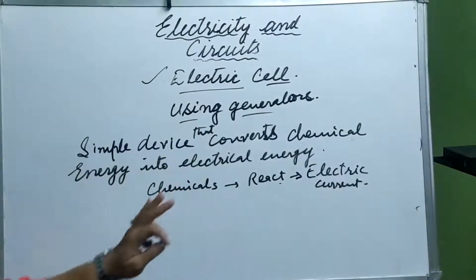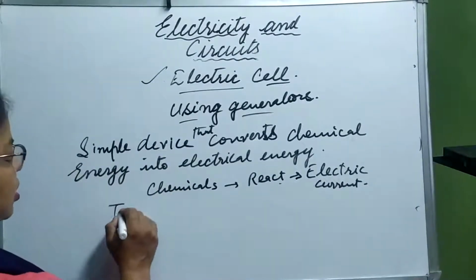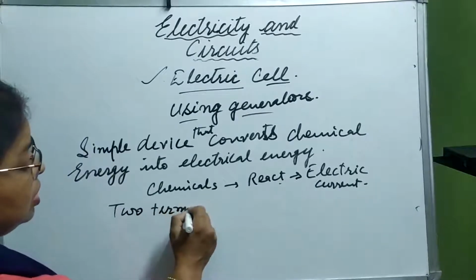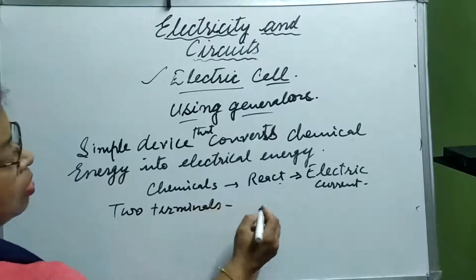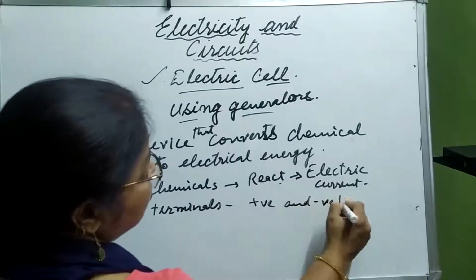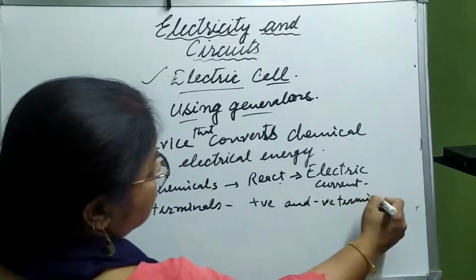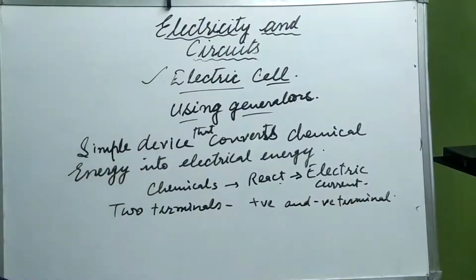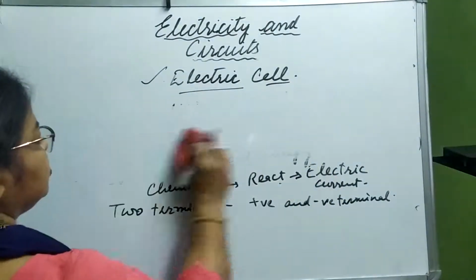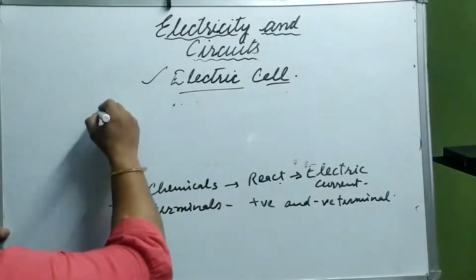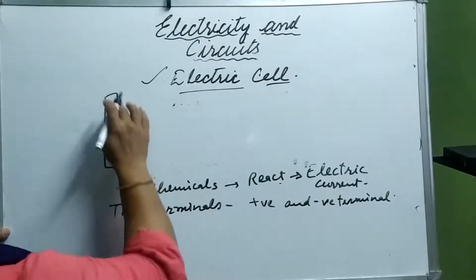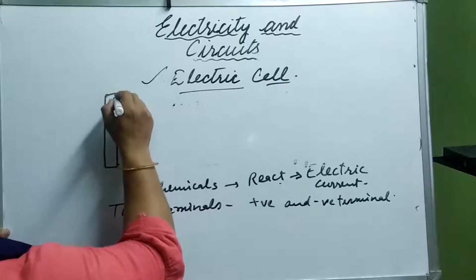Fine. Now each cell has two terminals. What are these called? Positive terminal and negative terminal. Let us see the structure, how it appears. A very simple thing, you can see it in your homes, it is easily available.